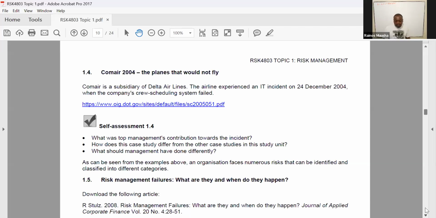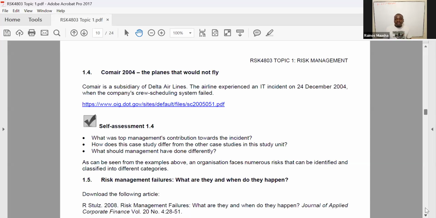In the US, they always have those weather conditions where there's snow, and in some cases there's storms and all these other horrible weather conditions. Because there was a lot of snow, the planes were being delayed, and at the same time they had to reschedule some of the flights.